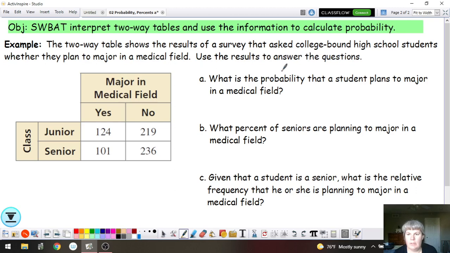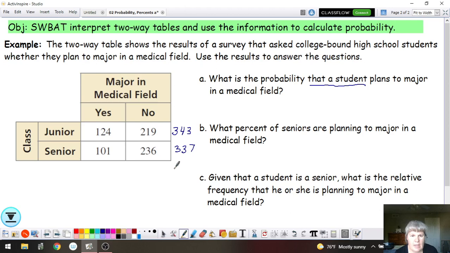What is the probability that a student plans to major in a medical field? So we need to find out, first of all, since it says that a student, we need to find how many students there are. So I'm going to find the total number of juniors, that's 343. The number of seniors, that's going to be 337.